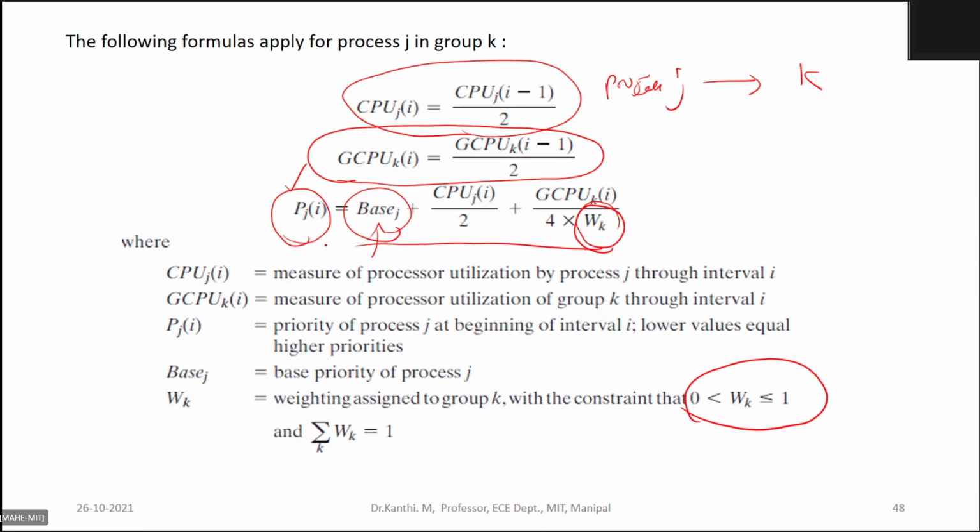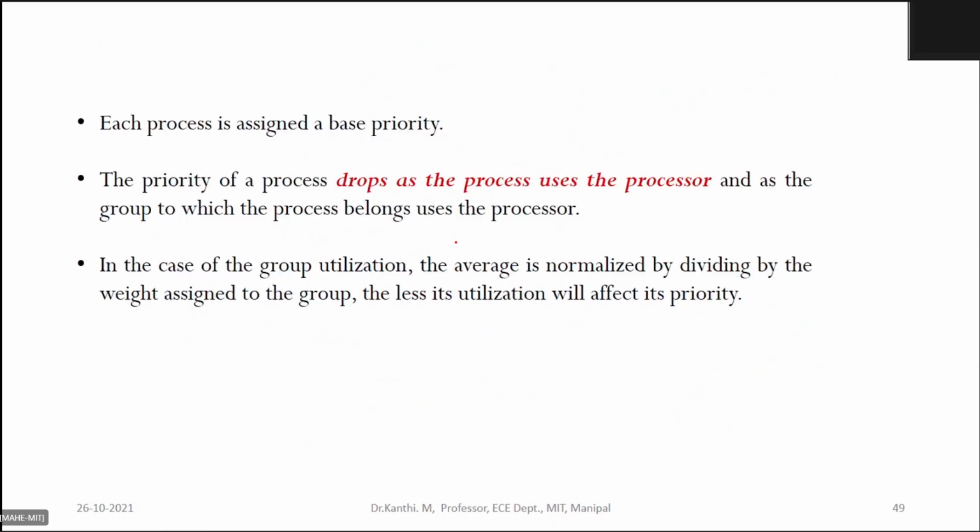If the number is less, the priority is more. So you compute the priority of a particular process which belongs to a group and assign the processor for the execution. This is the simple strategy used here.